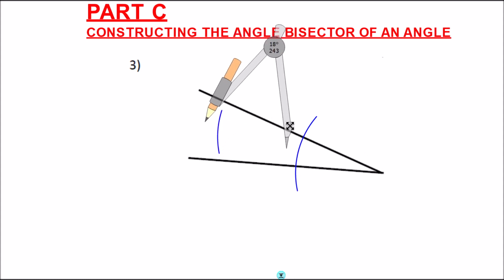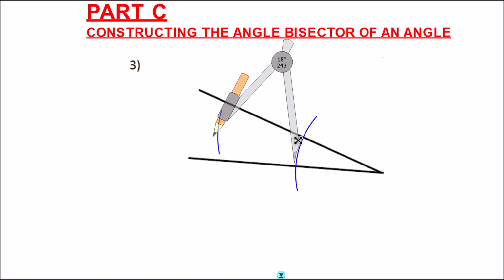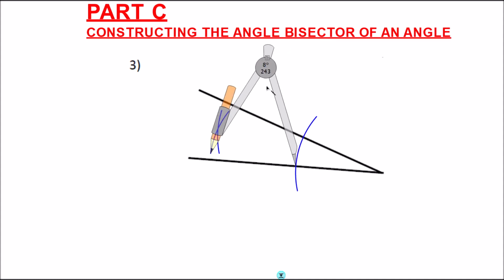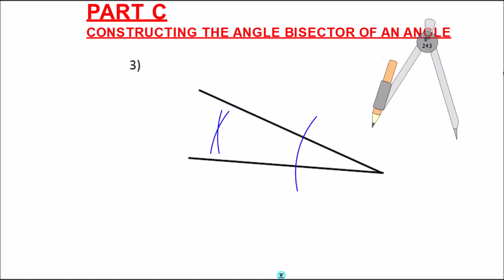Move the needle down to where the curve cuts the bottom edge, and do the same, keeping the compass width the same, of course. Where they cross, a straight line from where the angle begins through where the curves cross, and that's the angle bisector for question 3.